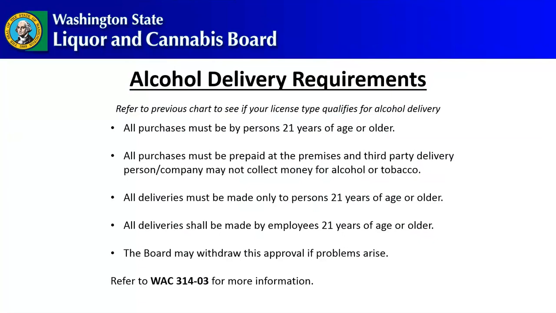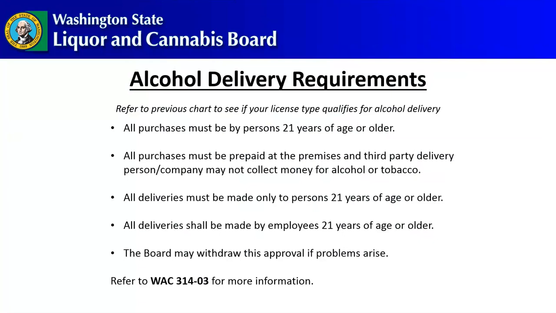If you do not actually work for the liquor licensed retailer, you may not collect money from the customer. If you were to pay the retailer for the alcohol when you picked it up and then collected the money from the customer, it would be considered selling without a license.